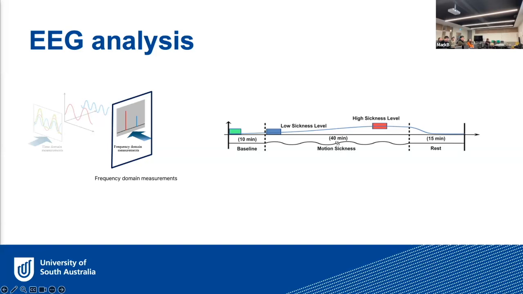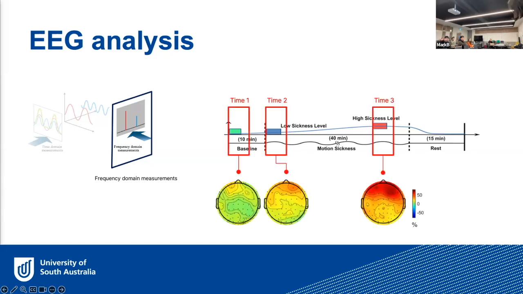Participants show low cybersickness in the first part of the VR, but the level gets higher like this. Then what we usually did was visualize parts of these brain signals. We set some windows, for example, a 1-minute time window, and then did a Fourier transform or some frequency analysis.